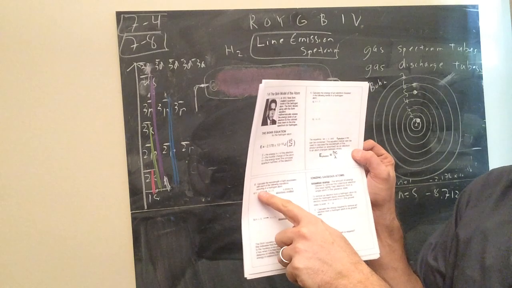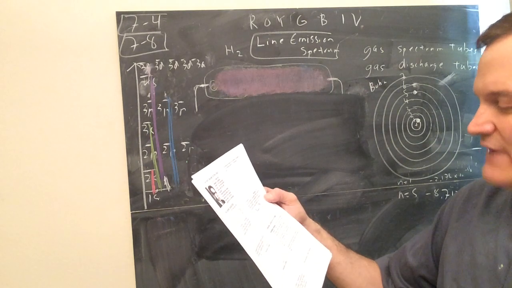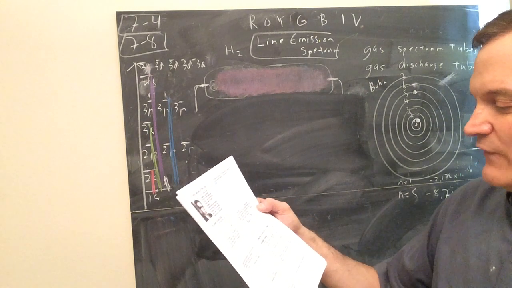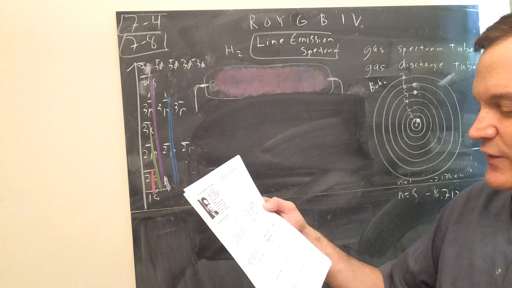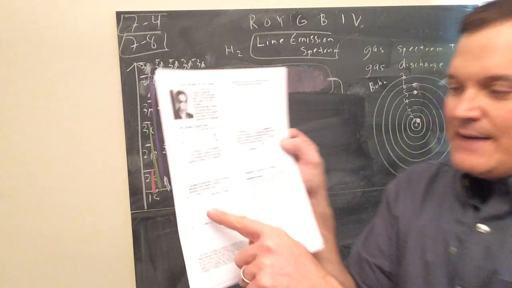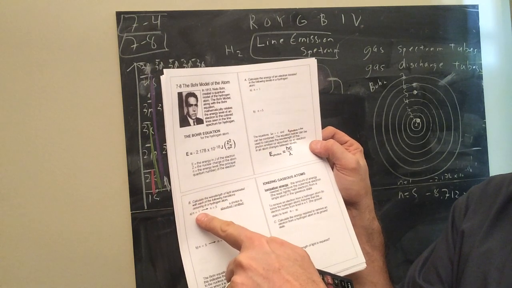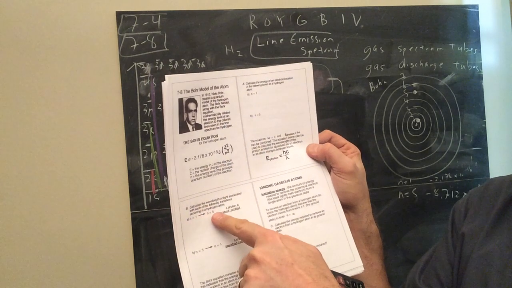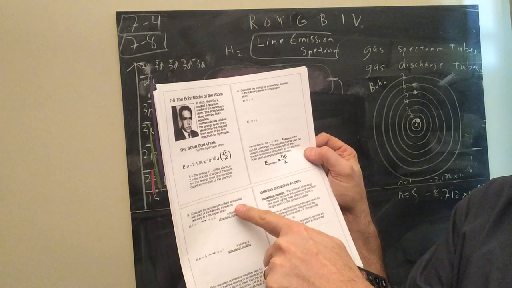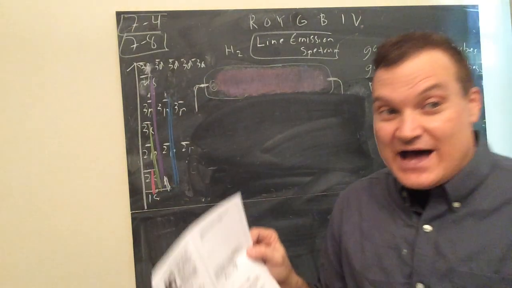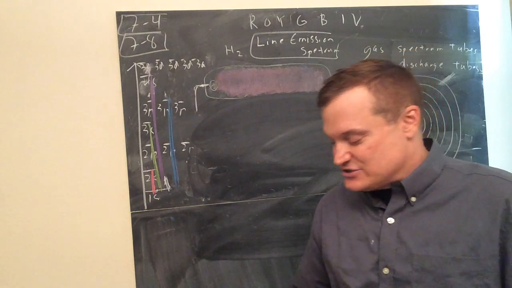Let's go down to B now. It says, calculate the wavelength of light associated with the following transitions occurring in a hydrogen atom. I'm only going to do A. If in the hydrogen atom the electron goes from level 1 up to level 5, tell me what the wavelength of light associated with that change is.